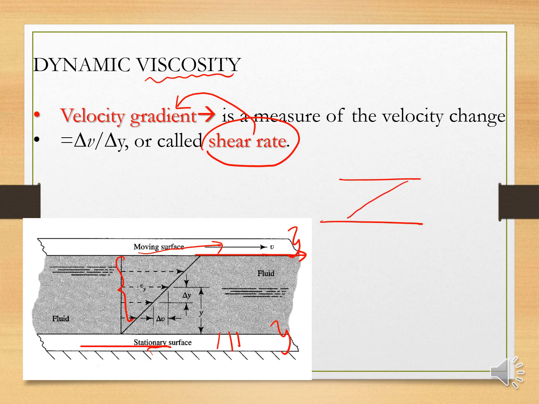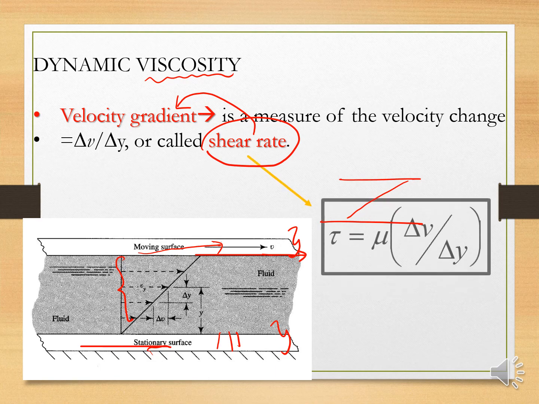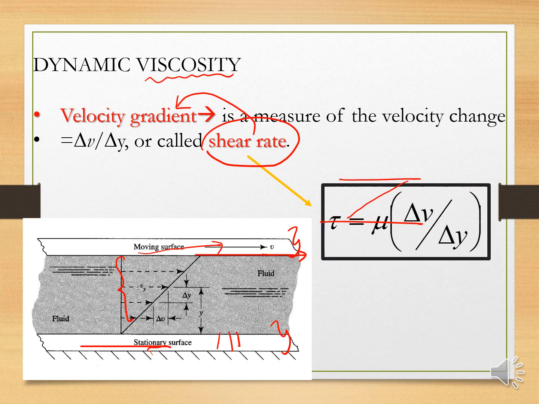The change in velocity gradient can be used directly to determine the value of shear rate in this liquid, where the shear rate is proportional to the velocity gradient. And from here we can determine the value of dynamic viscosity.